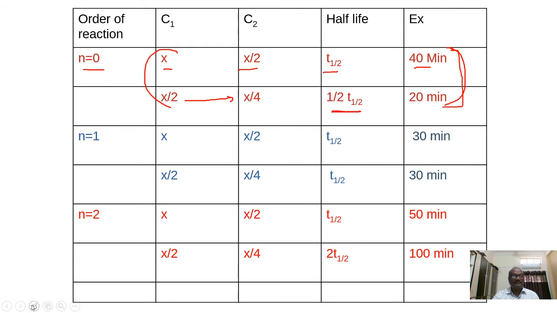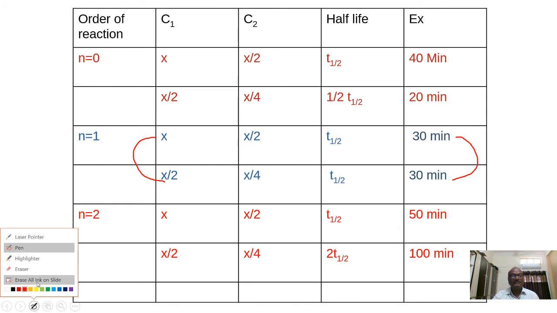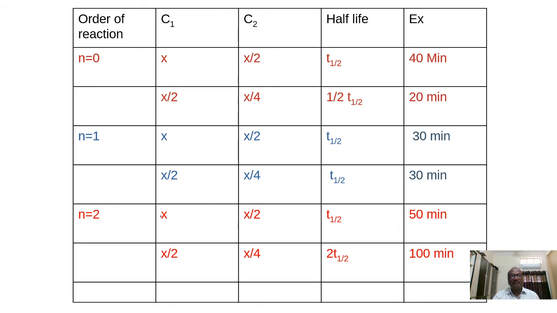In the first order, the concentration is reduced to half, but there is no change in the half-life, because half-life is independent of concentration. In the second order, when the concentration decreases to half, the half-life becomes double.